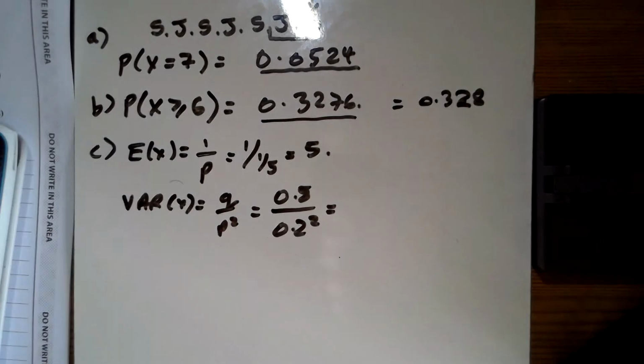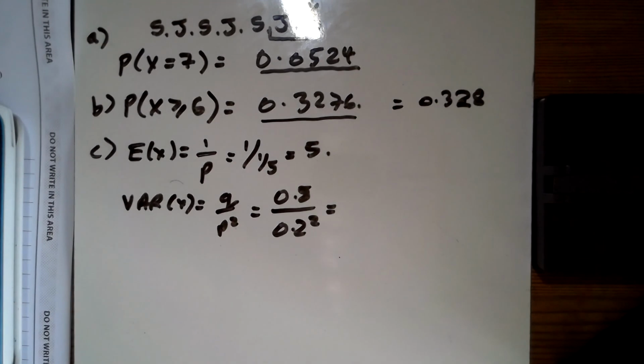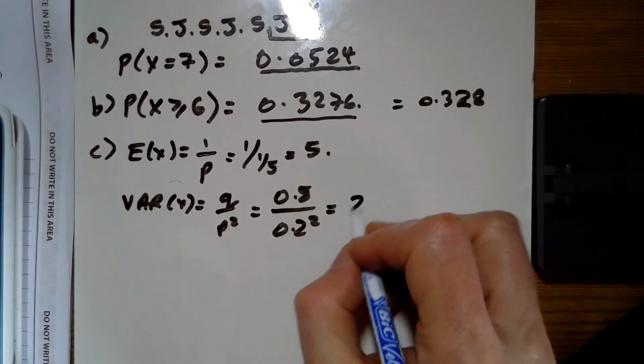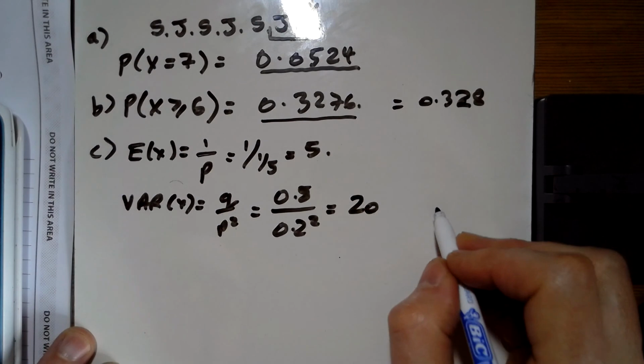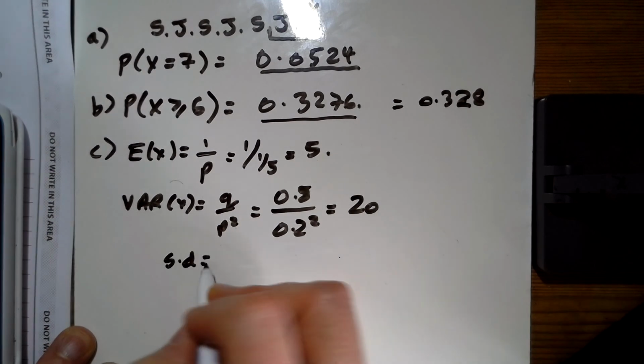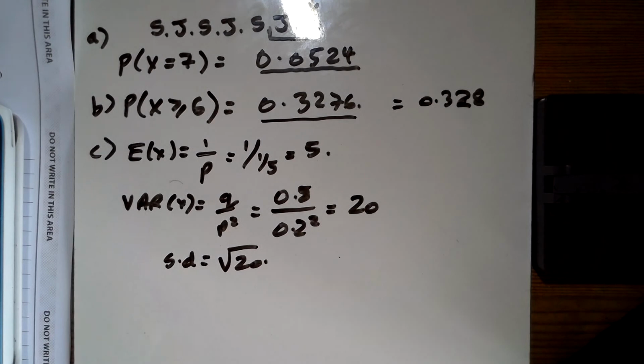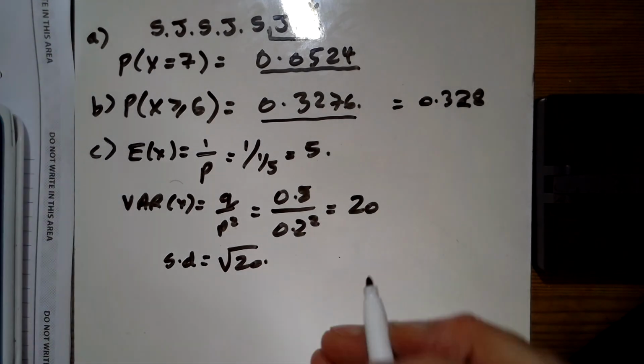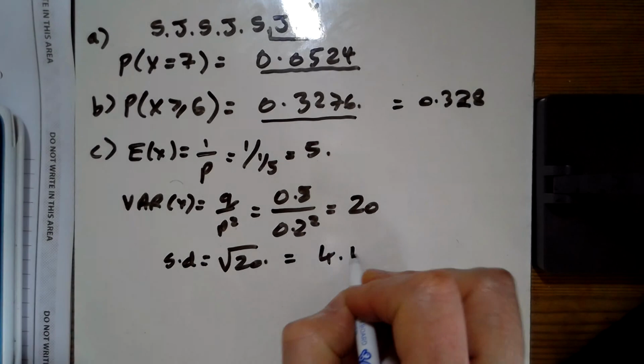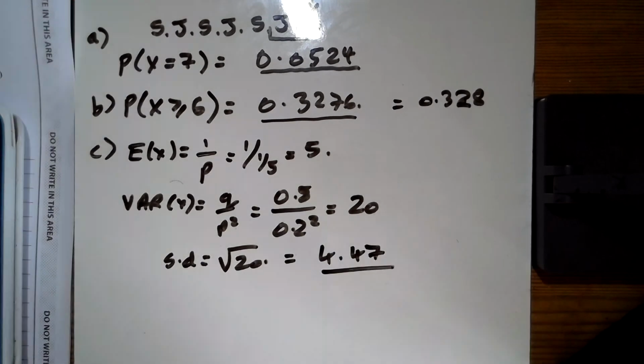I'll just work that out now. 0.8 over 0.2 squared, and that's 20. But because we want the standard deviation, so the standard deviation is root 20, and root 20 is 4.472.